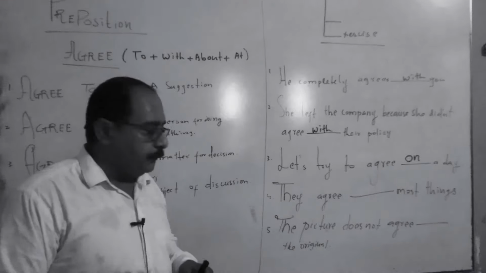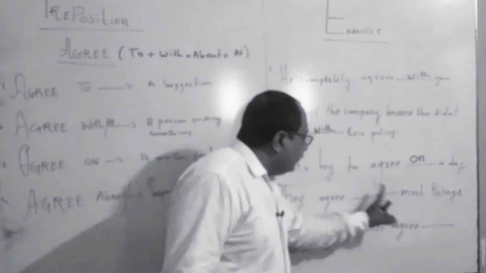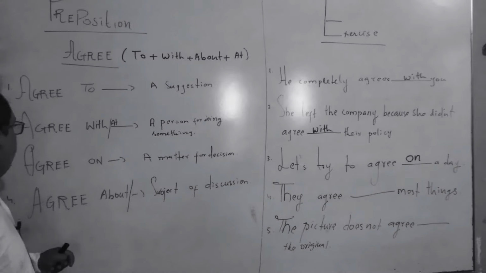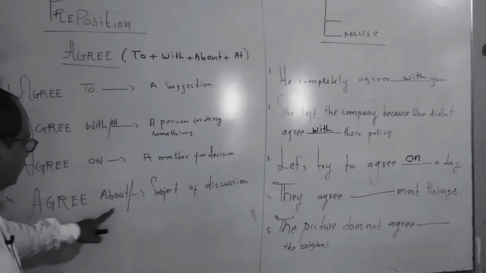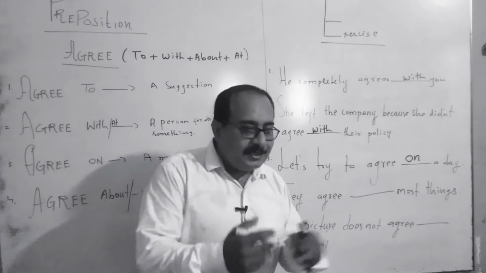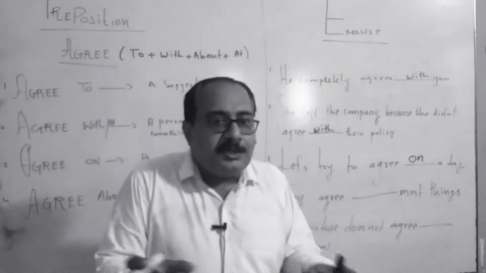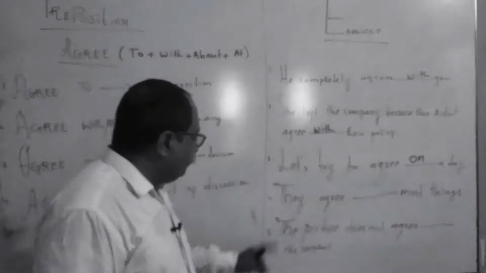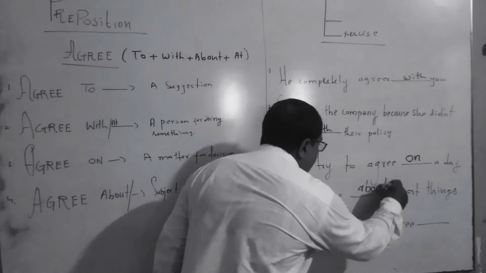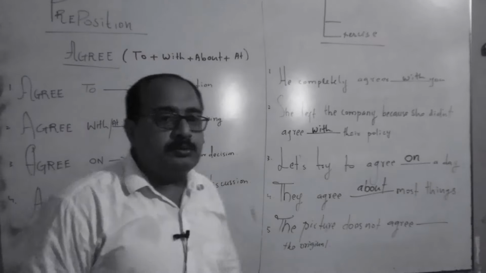Number four: they agree dash most things. Let's see. Yes, the subject of a discussion: something is being discussed, and a person agrees with it. They agree about. About would be the appropriate one. They agree about most things.